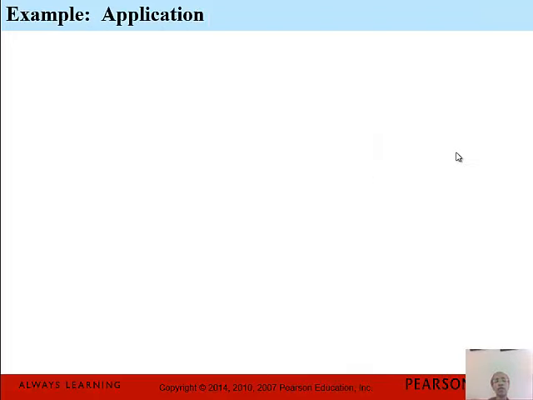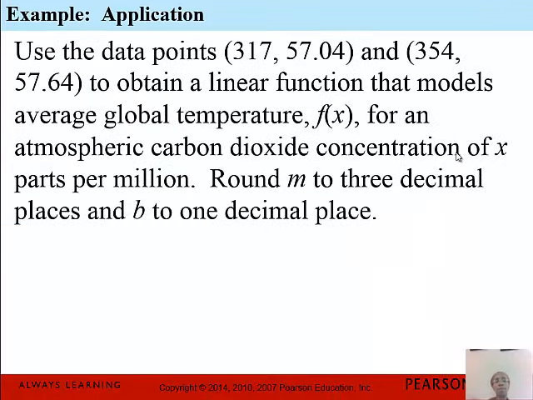The last thing we want to do here is look at an application. And this application is one where we have 2 data points, and we are asked to use these 2 points to obtain a linear function that models average global temperature, f of x.